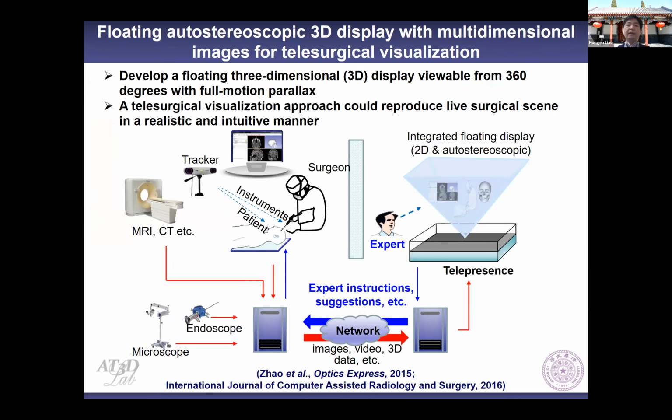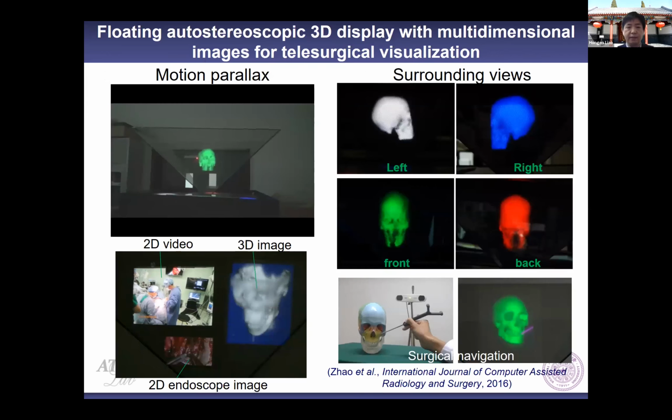In recent years, we also made a floating autostereoscopic display with multi-dimensional images for telesurgery visualization. This free floating 3D display can be viewed from 360 degrees with full motion parallax, and the device can be used during telesurgery. Here is some demonstration.